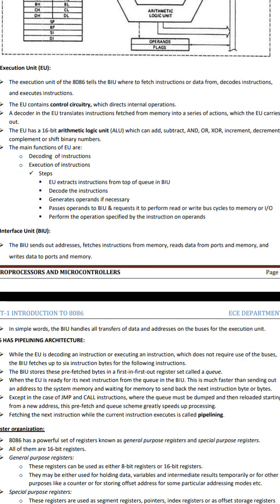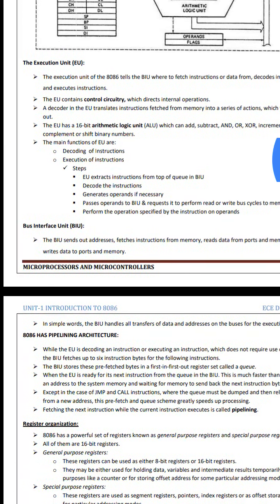The execution unit extracts instructions from the instruction queue, then decodes the instruction and generates the operands if required. Then these operands are passed to the BIU with a request to perform read or write on memory or IO, to perform the operation specified by the instruction on operands.